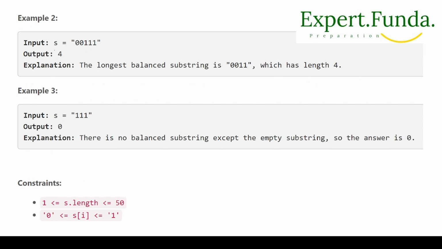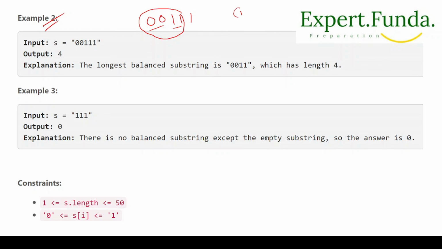Let's understand example 2. Here S is given as 00, then 111. In this case, if you take the substring, the number of zeros and the number of ones are not equal. We have to check all the things.